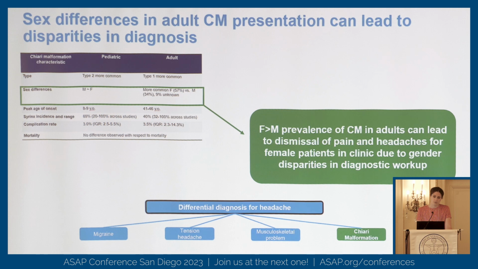So patients who show up to their PCP with a headache may get sent to a migraine doctor, may get sent to a headache specialist, a neurologist for years even before somebody thinks to get imaging of their head, okay?